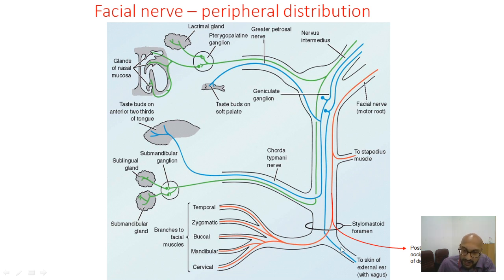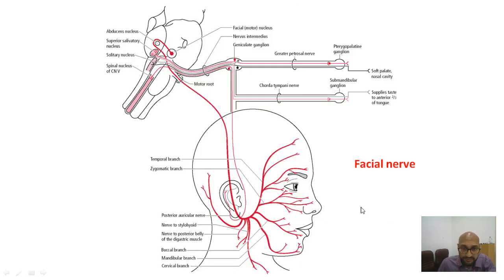And the posterior branch goes and supplies the occipitalis and some muscles found around the external ear, and also a sensory component which is supplying the skin of the external ear near the floor of the external auditory canal. So this is the peripheral distribution of the facial nerve.